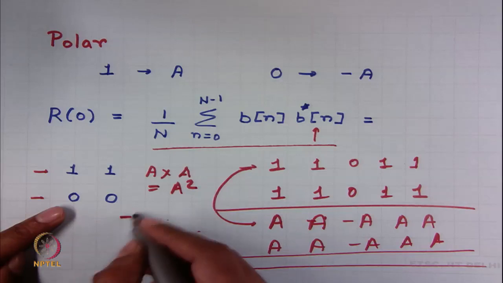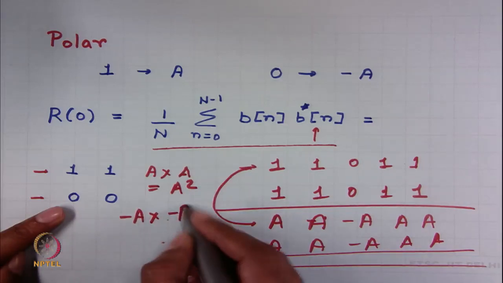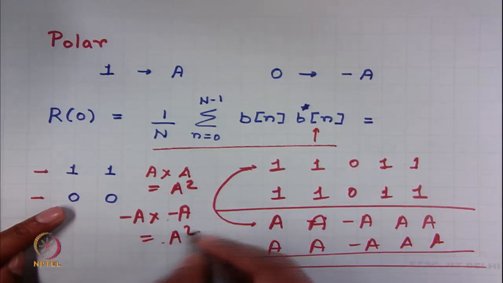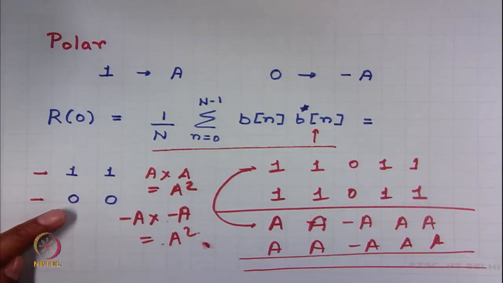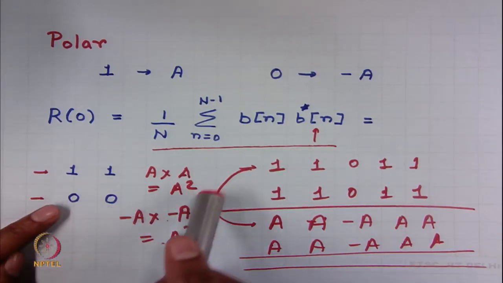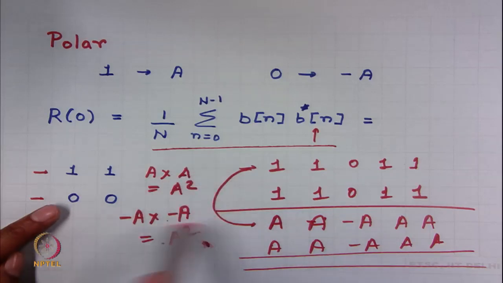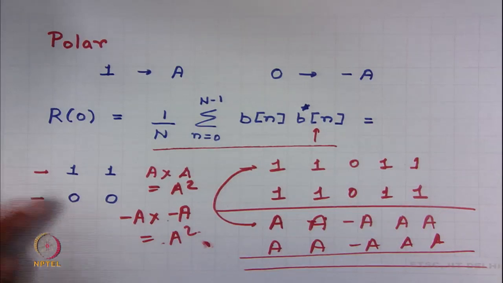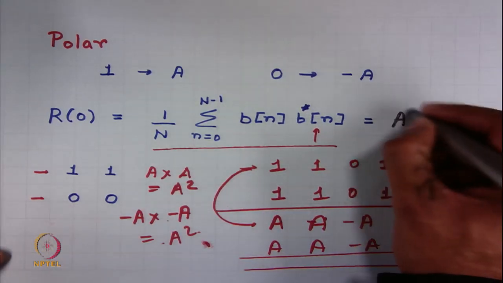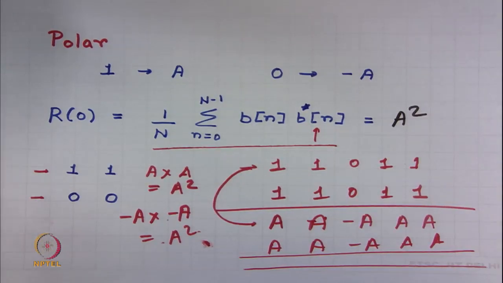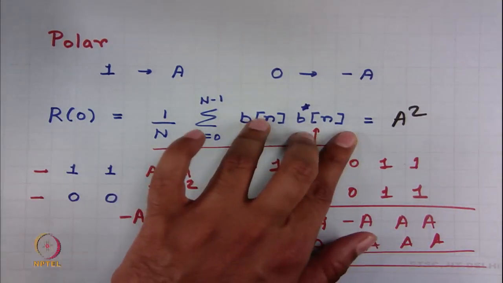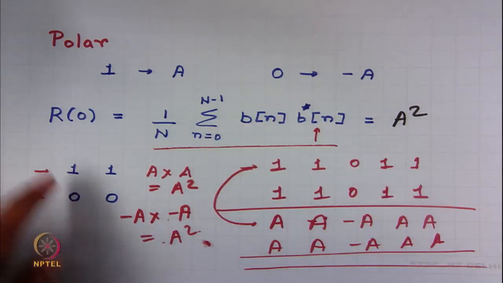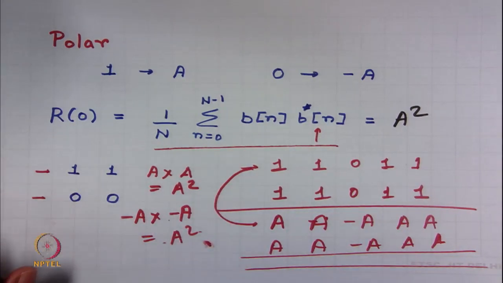For these zeros I will have minus A multiplied with minus A, which again will be A squared. So whether you have 1 or 0, every time we will just get A squared. So this summation will turn out to be A squared, because the product will always be A squared, and the average will also always be A squared.